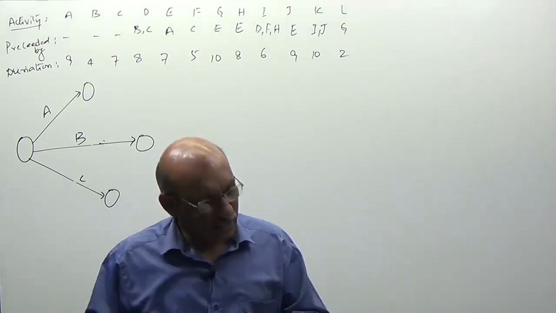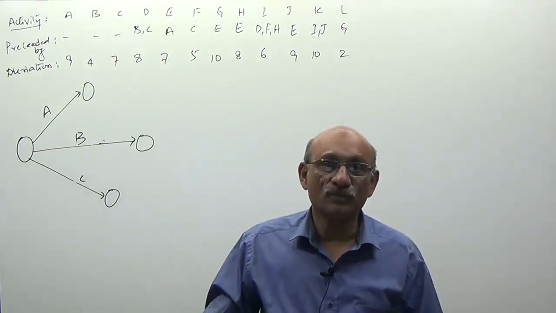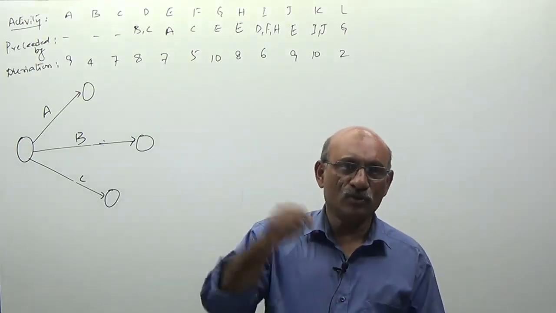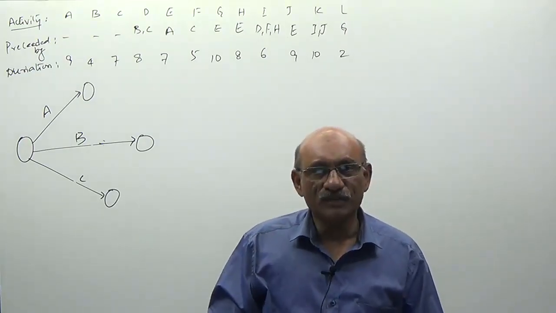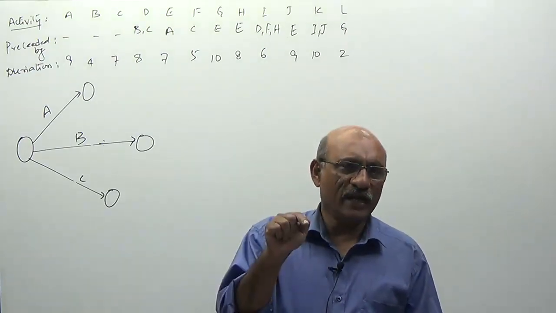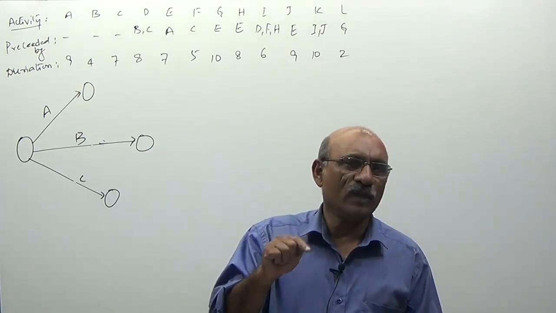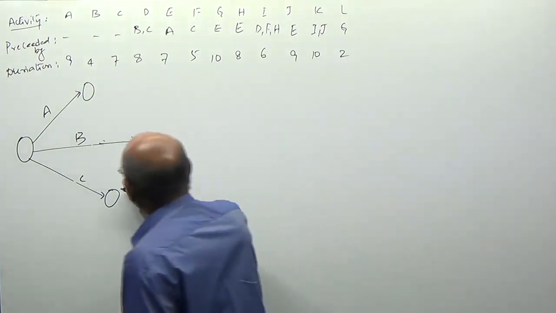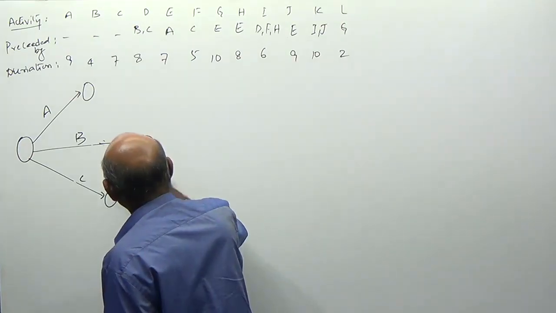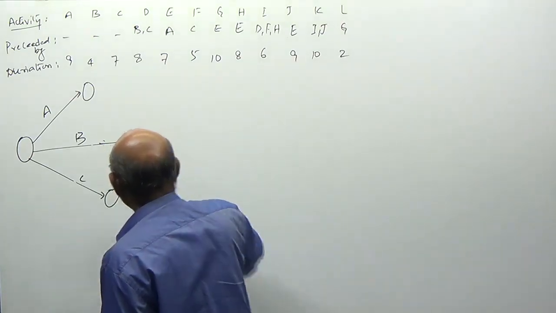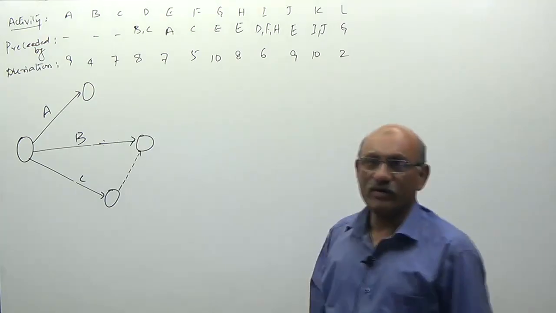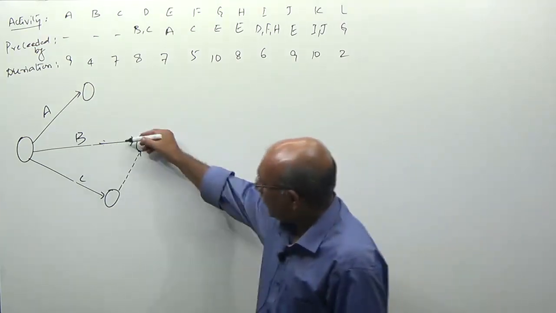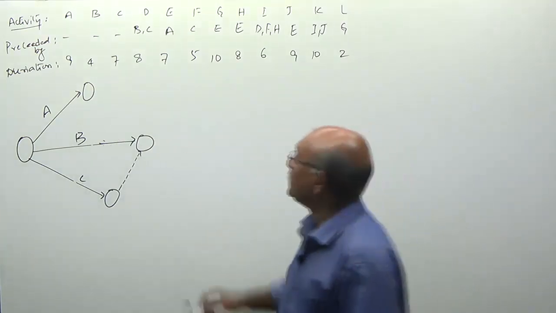Dummy activities are used to connect two activities, and they neither take any time nor consume any resources. So B and C, you join with a dummy activity. Now B and C are merged here.